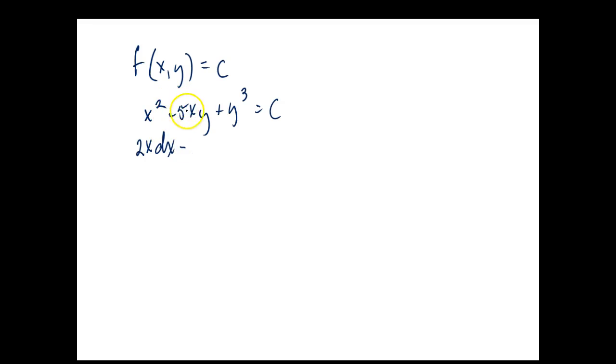minus, now we're going to take the differential of this. If we took the differential of that first term with respect to y, it would be 0 because there's no y dependence there. So we're not going to do that. This one we take differential with respect to x, that would be a minus 5y dx, taking the derivative with respect to x, but we also have a minus 5x dy because you take the differential with respect to y as well. And then the third term only has y, so that would be plus 3y squared dy.